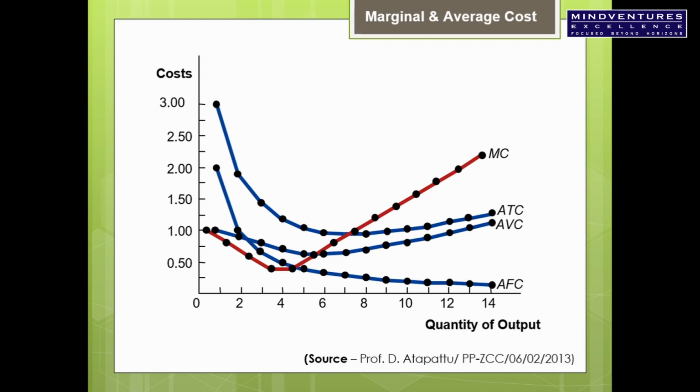MC curve will intersect ATC and AVC at their lowest point when the MC curve is upwards sloping. It will be a very smart thing for you guys to try and take a mental picture of this particular slide and remember the very unique specific shapes of these curves. And when you draw all of these curves in the same diagram, how do you place them? How do you draw them to be technically correct in a proper manner?